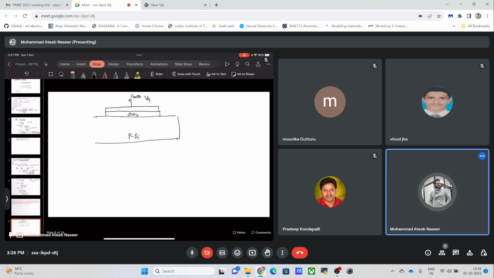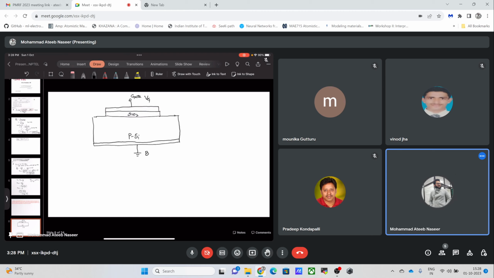We also had this back contact, or body contact, in the previous case. Let me draw it neatly. So it was this body contact, and we had usually said this body is grounded.